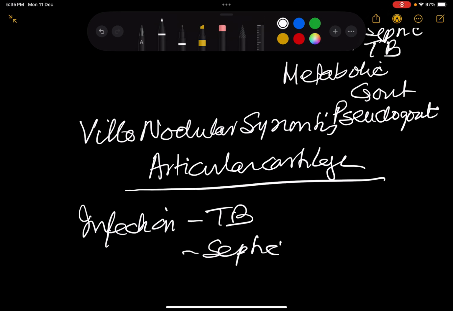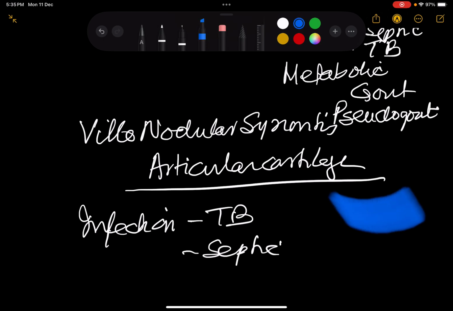In TB, supposing these are the two articular cartilages that are articulating. So first there can be a kissing ulcer, an ulcer here and an ulcer here.